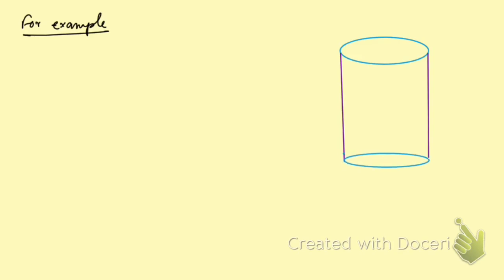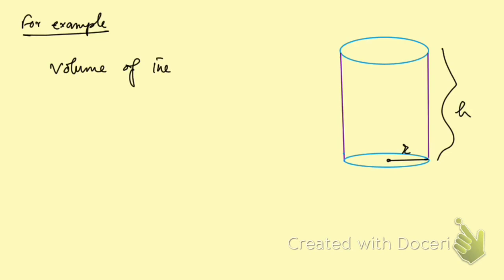If its radius is r and the height is h, then the volume of the cylinder is given by v is equal to pi r square into h.